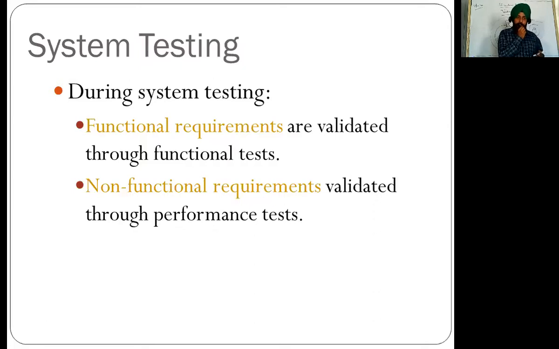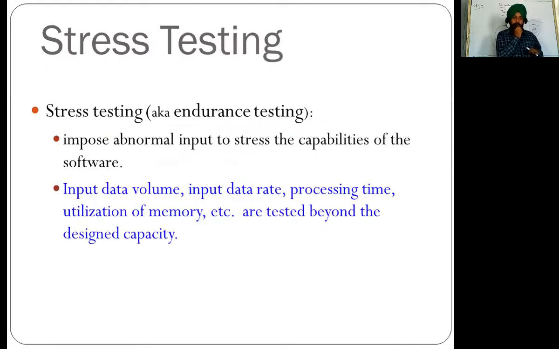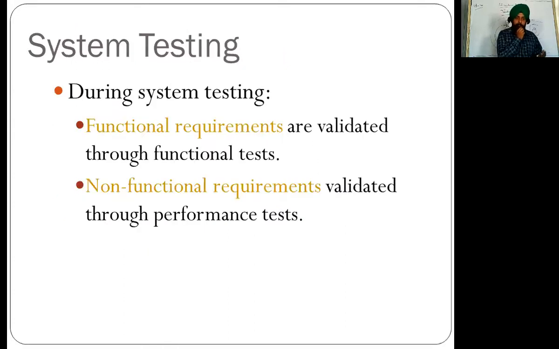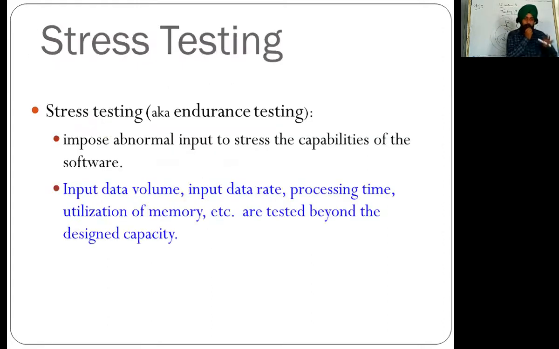Non-functional requirements are the extra things like the reliability factor, maintenance factor, and portability factor of your software product. So during system testing, we check both the functional and the non-functional requirements.